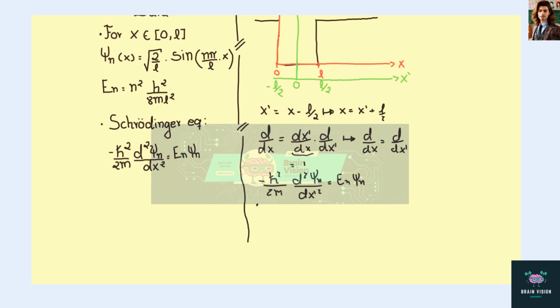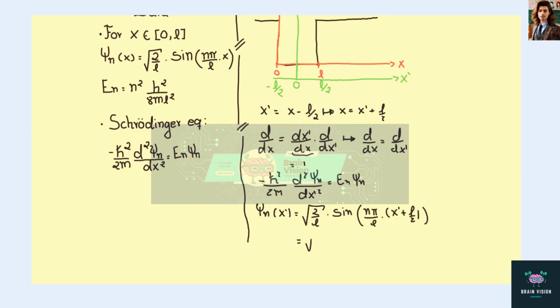Therefore, the wave function in the green reference frame will have the following form. Psi n of x prime will be equal to the square root of 2 divided by L times the sine of n pi divided by L times x prime plus L over 2.